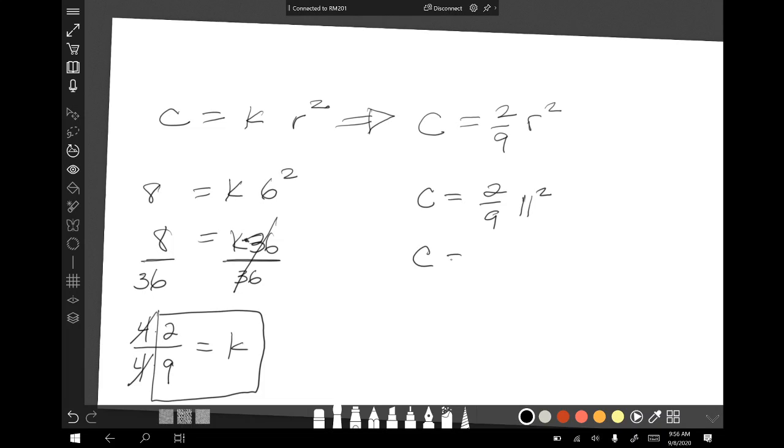I'll write those steps. So times 2 would be 242. And I don't think that can cancel. So that would be it in fraction form.